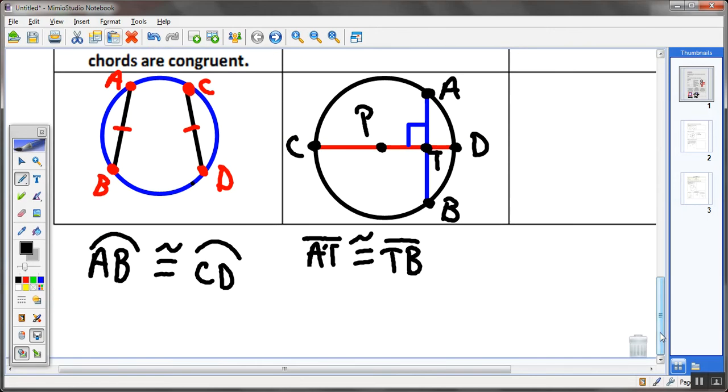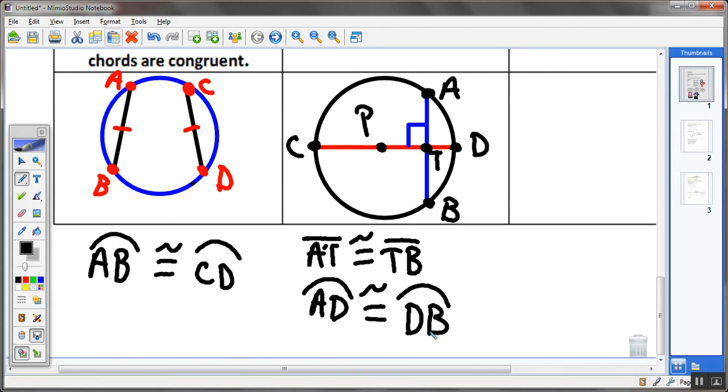So this means arc AD would be the same as arc DB. So if I have a diameter perpendicular to a chord, the diameter perpendicularly bisects the chord, and it also bisects the arc. Okay? Does that make sense?